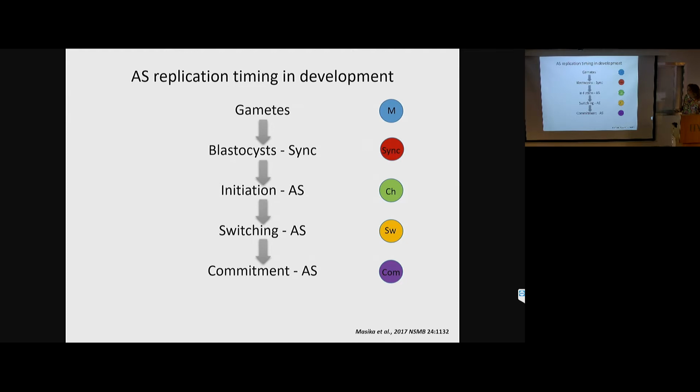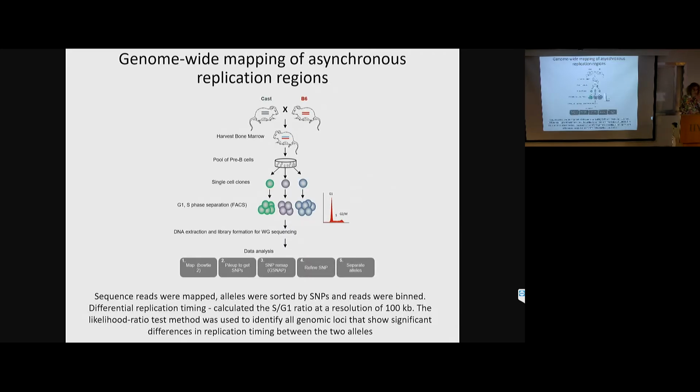We have the initiation of asynchronous replication, the choosing, the first time they choose which allele is early. Then we have in stem cells the switching from one allele to the other. And then in differentiated cells, we have the commitment. They have committed to one allele being early.